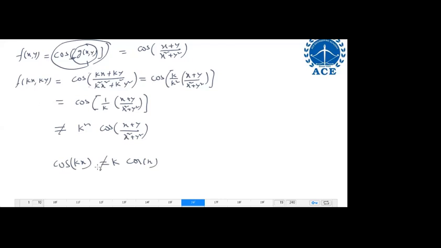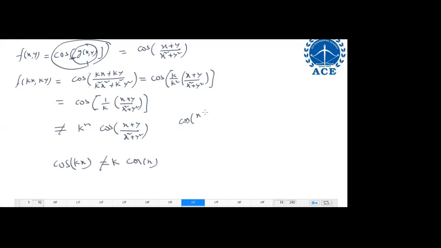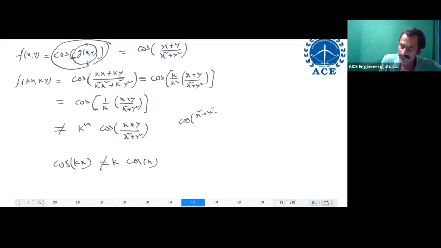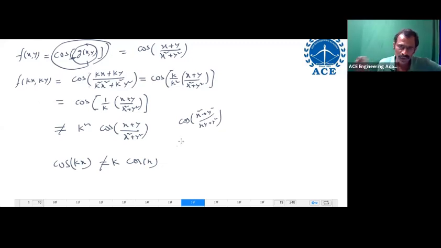That is why we cannot write it down. Suppose it is like this: (x square plus y square) by (xy plus y square). Every power is the same. If we replace x with kx and y with ky, all the k's get cancelled. Then we can write k power 0 into some cos function. That is why for every transcendental function, the inner function should be a homogeneous function with degree 0 only.